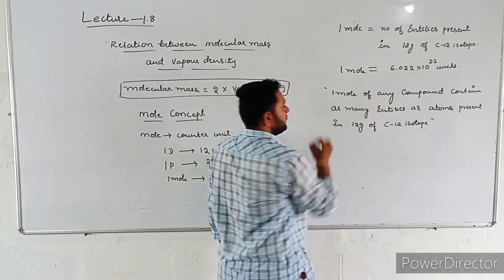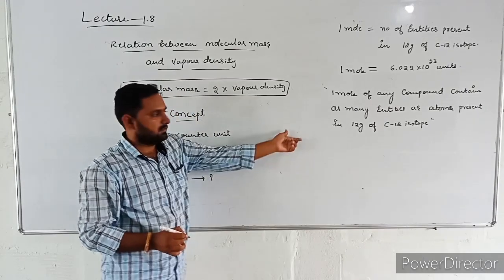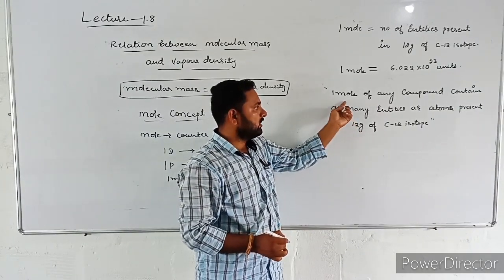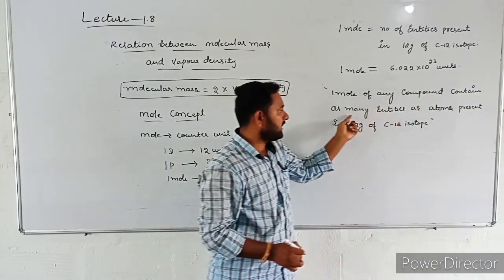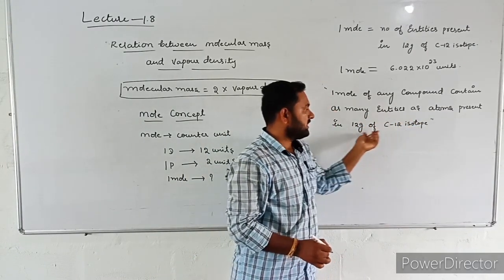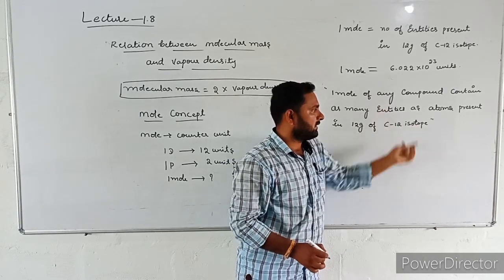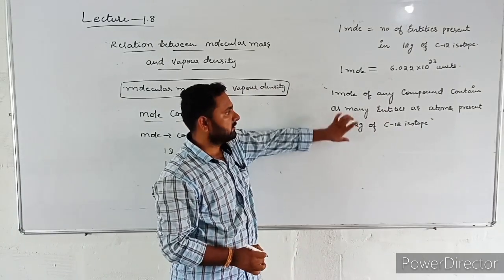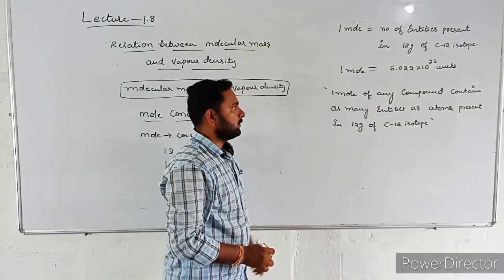You can define a mole like this. 1 mole of any compound contains as many entities as atoms present in 12 gram of carbon 12 isotope. This is the mole definition. Okay.